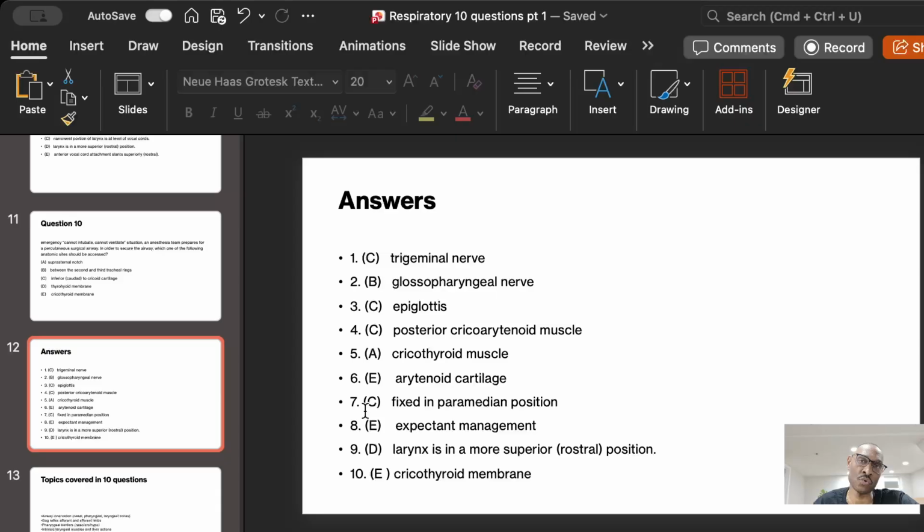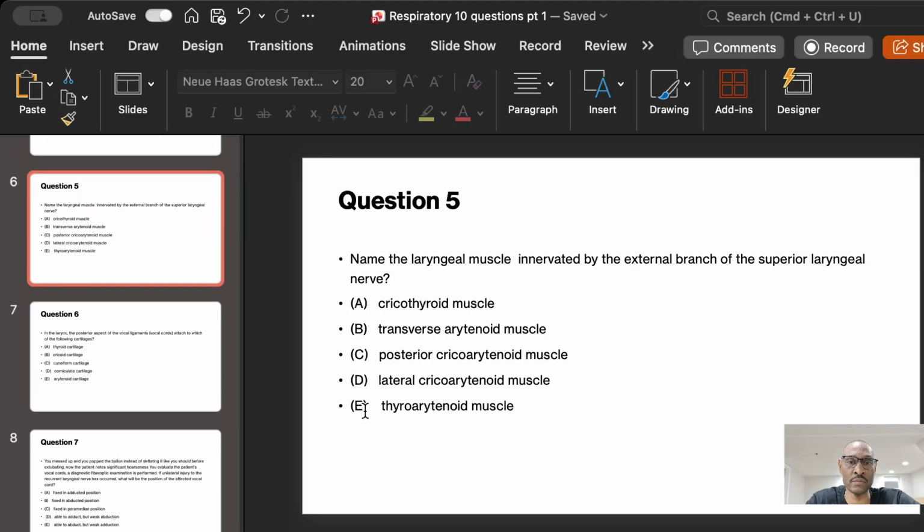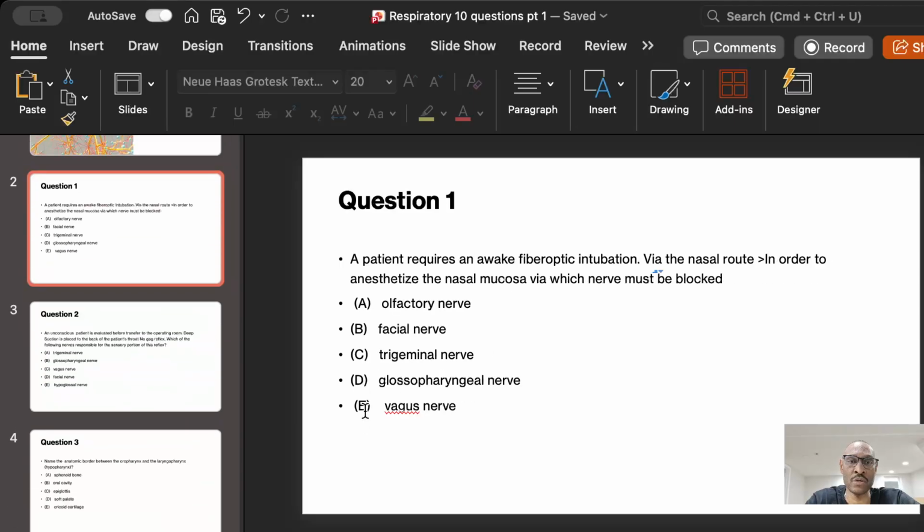So in anesthesia, we like to do something called keyword division. It's really important that you really look at the question and try to get what the main event was. So for the first question, if you can go back, you ask yourself, number one, what was the main event for this?